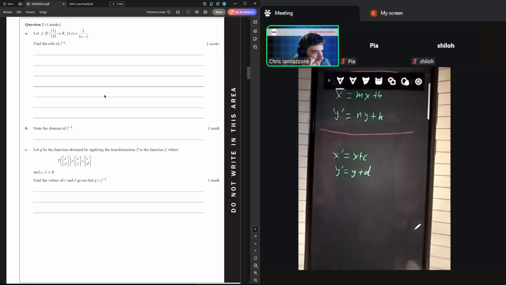What's basically being described here is, hey, you can apply some sequence of transformations to turn the original function into the inverse function. And it's asking you to figure out what those would be.